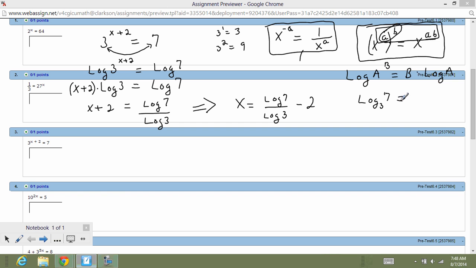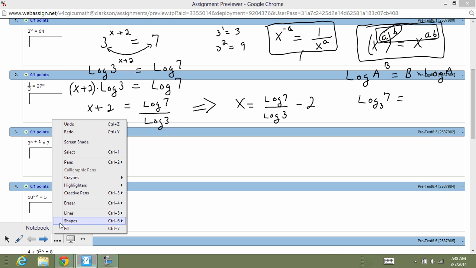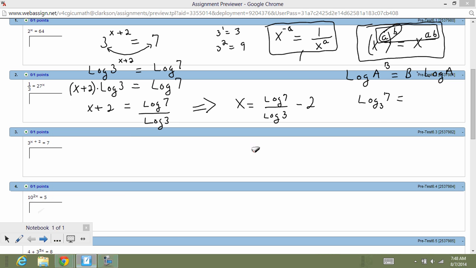But you can, and I didn't mean to make an equal sign there, I meant to make a subtraction sign. So let me get rid of that. You can then subtract the 2 from that. So this is probably the way you'd want to enter that as a base 10 log rather than think of it as a base 3 log.